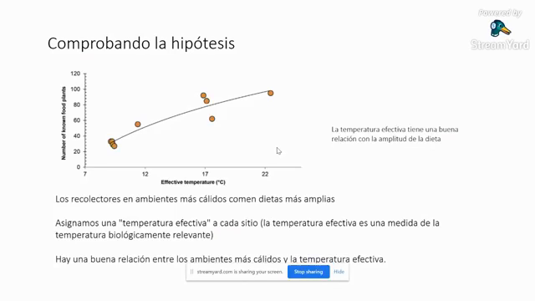And I used this method on recent hunter-gatherers as a test case, and I was able to show that this method works for hunter-gatherers. You can see that in warm environments, measured by effective temperature, you see a broader diet.